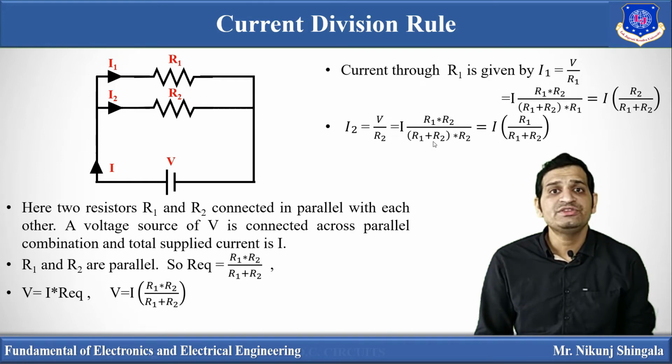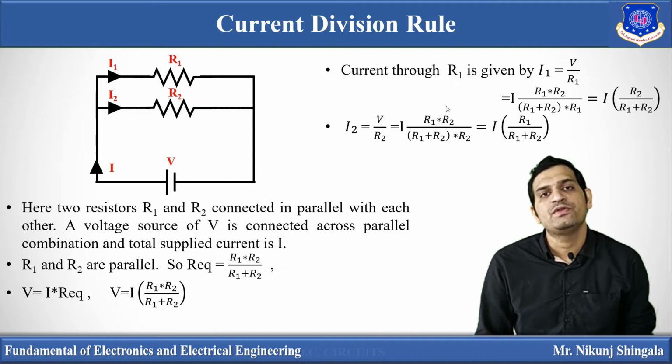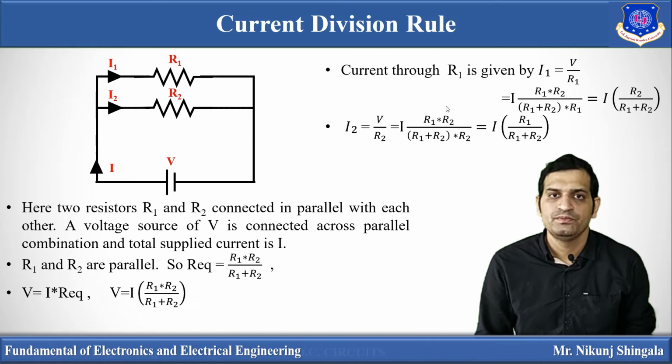Now, what is the trick to remember here? When two resistors are connected in parallel, the current in each resistance can be found by a very simple technique. I1 is equal to total current I into the opposite resistance R2 divided by the sum of resistances R1 and R2.